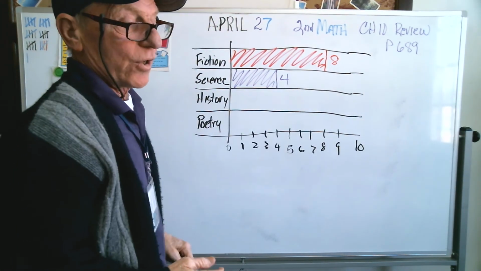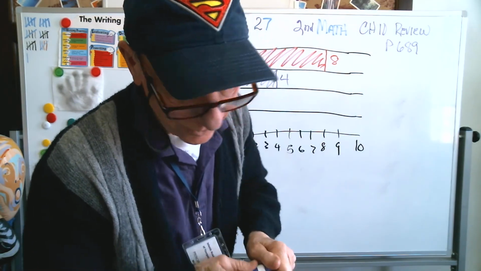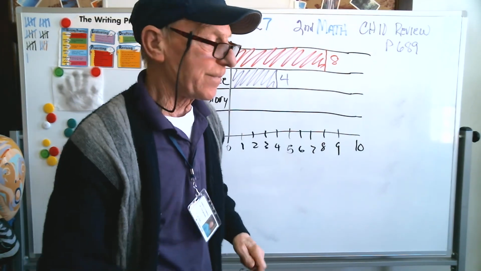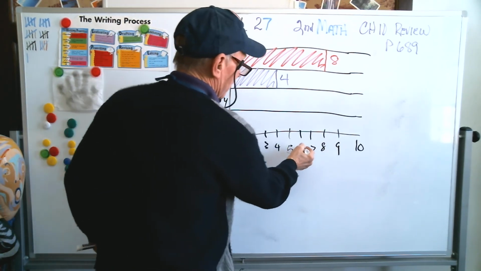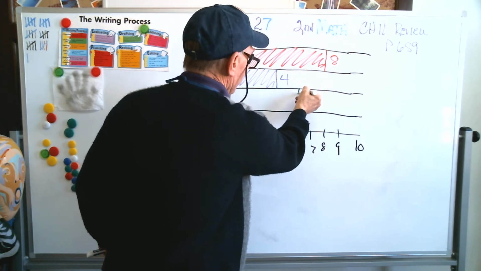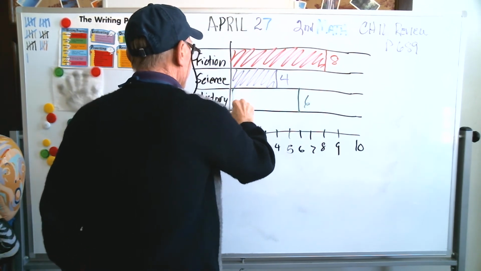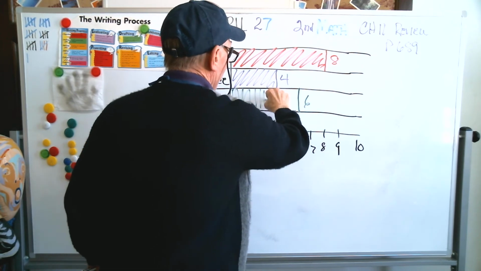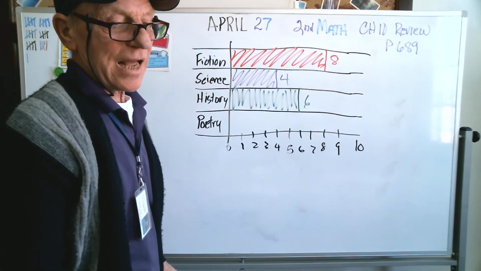That's the kids that chose science. 6 chose history. So we're going to find the number 6, come directly above the 6. And this is going to be your bar for the 6 kids that chose history.